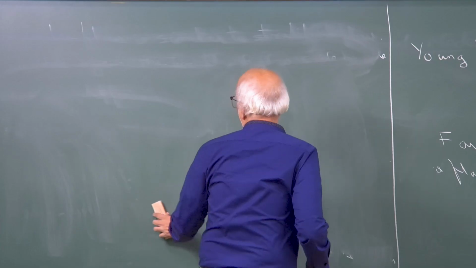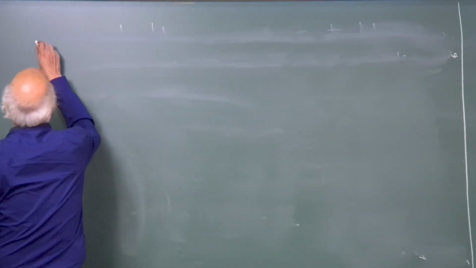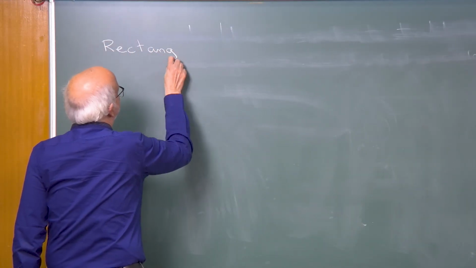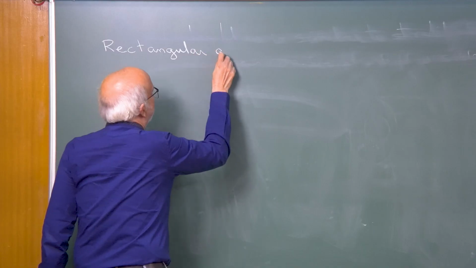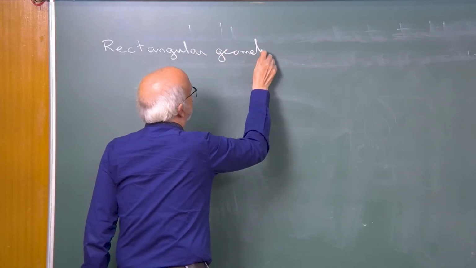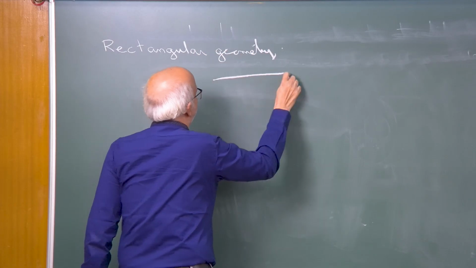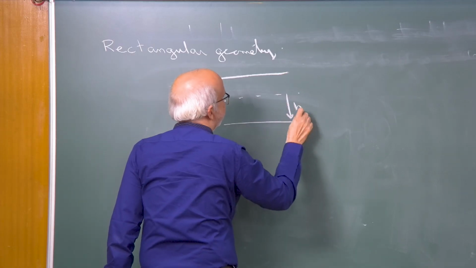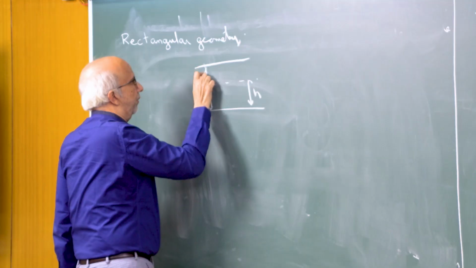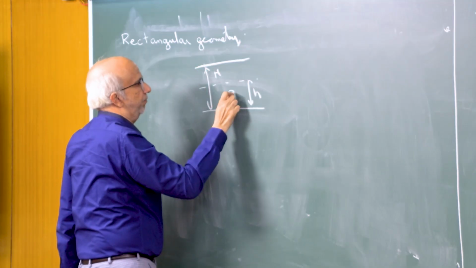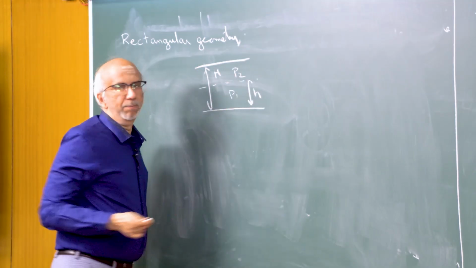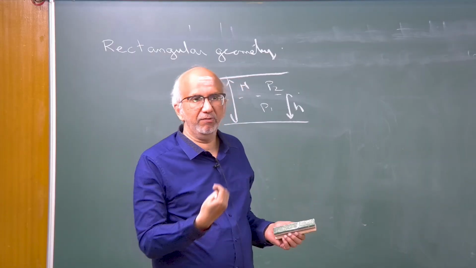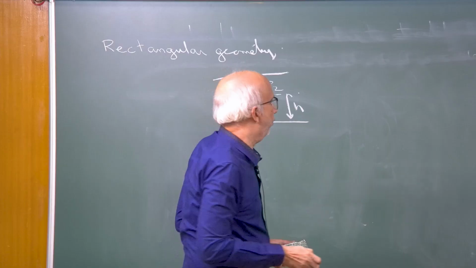I am going back to rectangular geometry now. This is H and this is capital H, and this is P1 and P2. Because P1 and P2 are equal, the interface remains flat. Imagine if P1 is more than P2, what will happen?